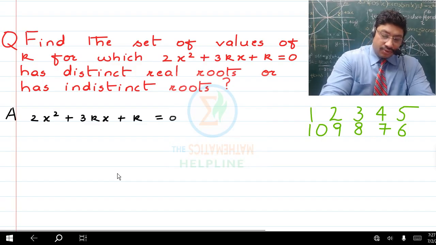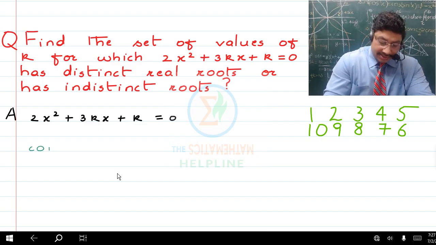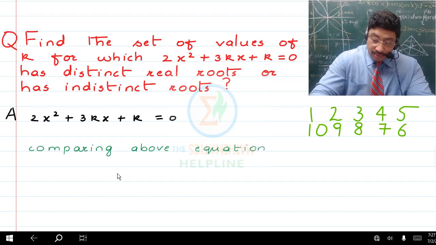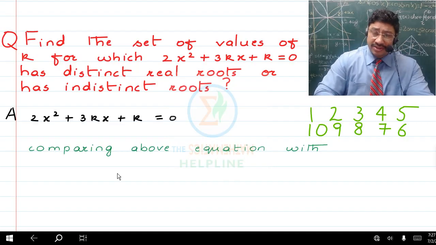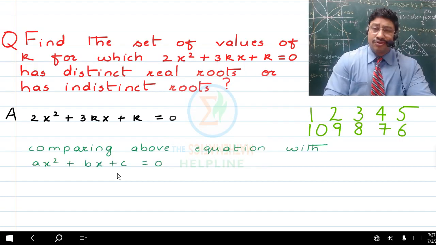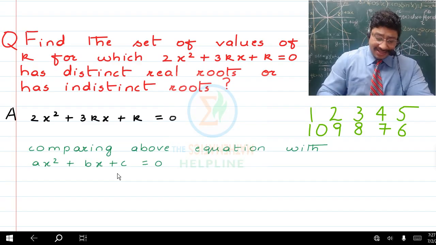Now the next thing that we're going to do is comparing the above equation. Such statements, remember, are very important. With what? With the general quadratic equation that we discussed earlier, that is ax squared plus bx plus c equal to 0, which is going to give you the values of a, b and c, right?